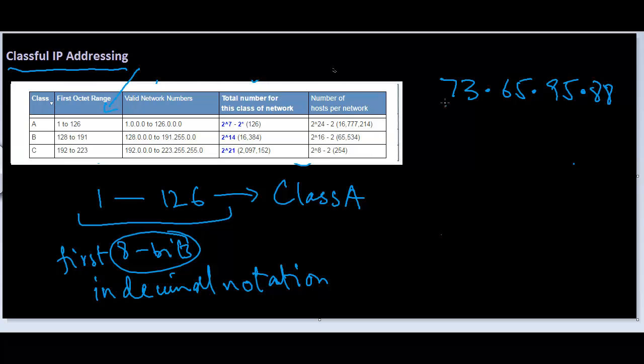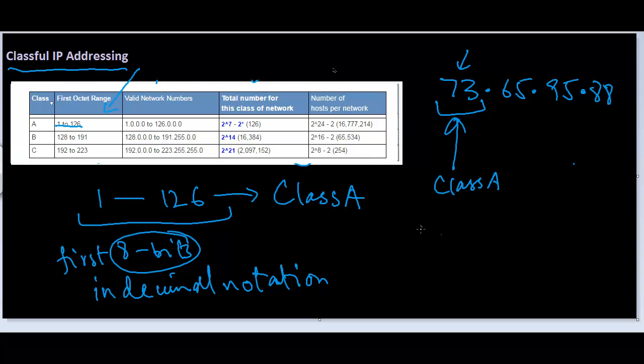73.65.95.88 is an IP address. When we take a look at the first value, this value is going to tell us whether this is a class A IP address or not, and this is a class A IP address because in class A the starting octet can have a value between 1 to 126, right? So this value 73 is between 1 and 126, so this is a class A IP address.